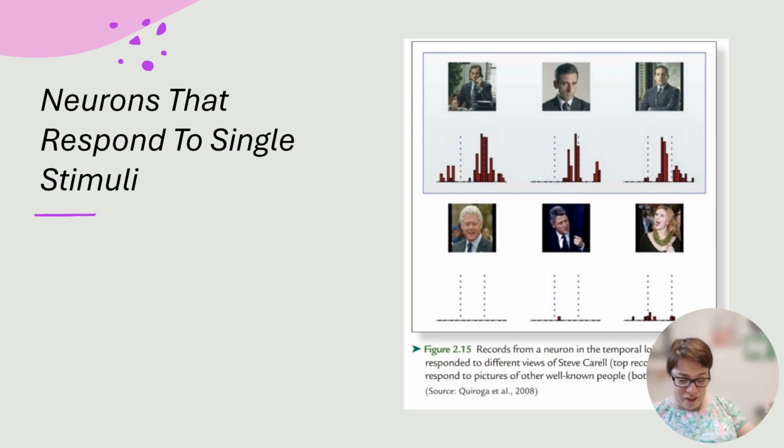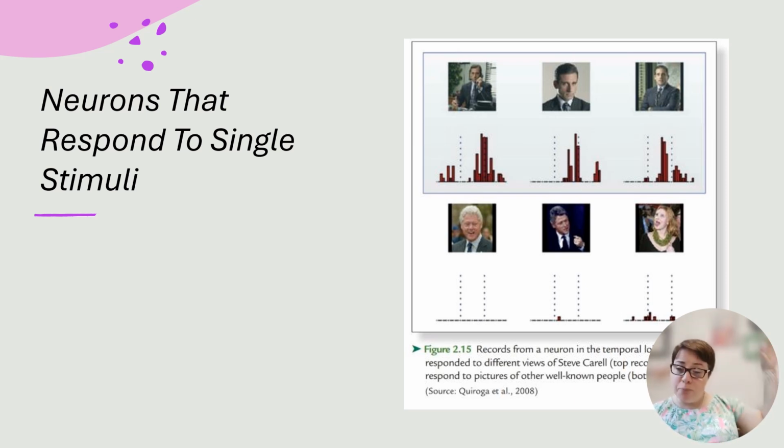So for example, they flashed pictures of Halle Berry and Harrison Ford and Steve Carell. And in fact, they found that there were individual neurons in the temporal lobe that would only fire in response to Steve Carell or Bill Clinton or Halle Berry.